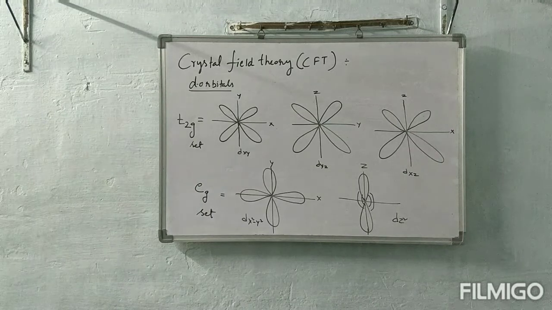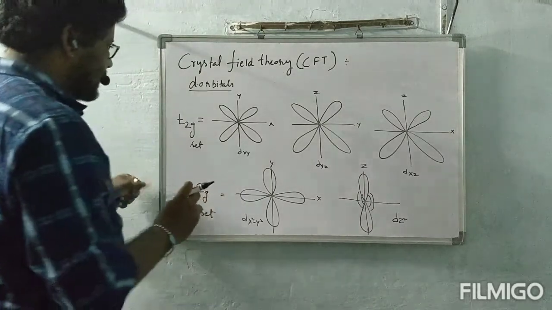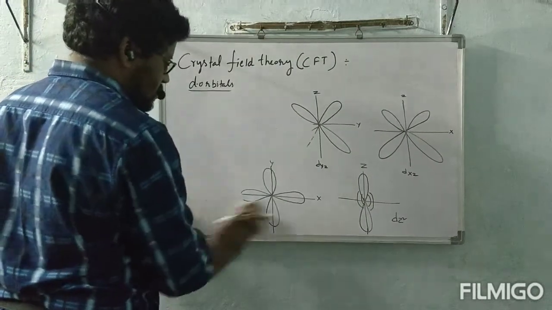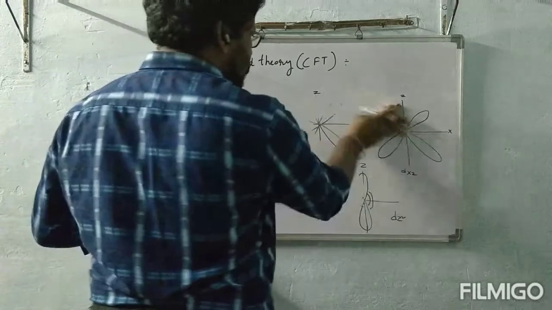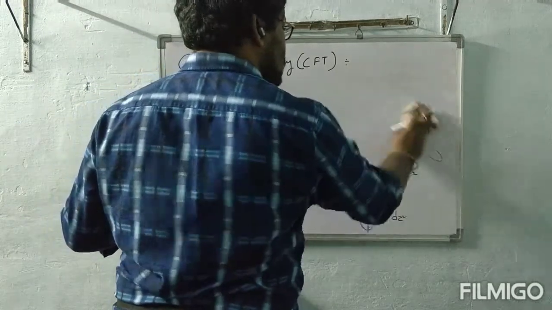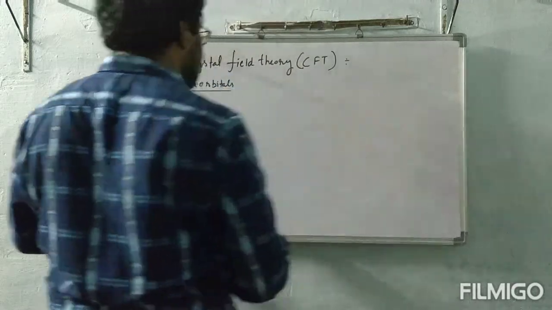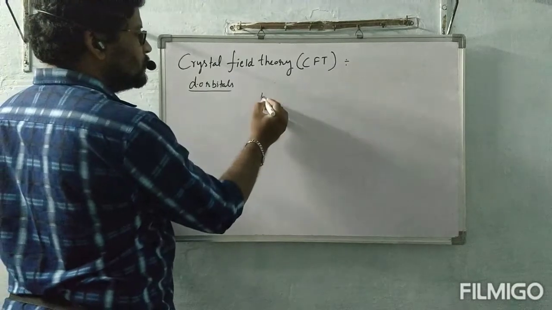T2G set contains 3 orbitals: dxy, dyz, dxz. EG set contains 2 d orbitals: dx square y square, dz square. Okay, next point. Finally, I am going to write one more time.